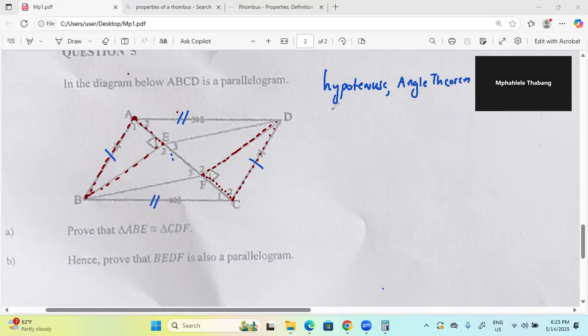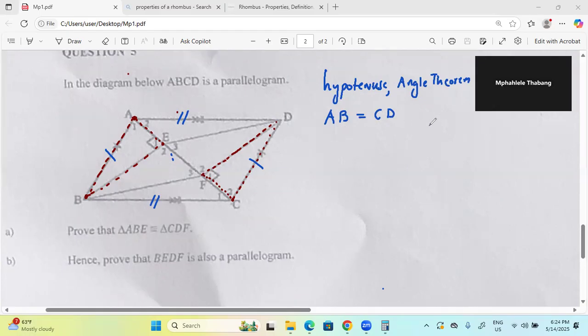Look, AB, which is the hypotenuse of the triangle ABE, equals CD, which is the hypotenuse of the right angle triangle CDF. So these hypotenuses are equal.